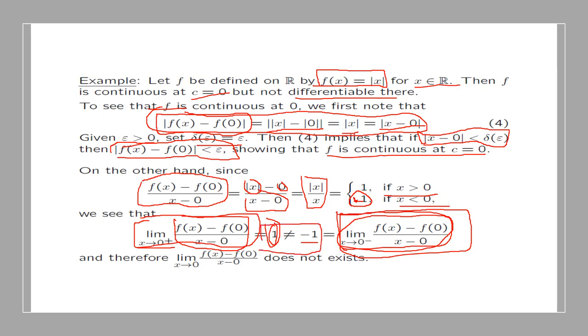And since the limit from the left of 0 is not equal to the limit from the right of 0, the limit as x goes to 0 of this expression does not exist, and that tells you that the function is not differentiable at 0. So this function is continuous at x equal to 0, but is not differentiable at x equal to 0.